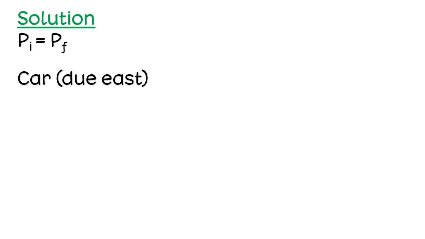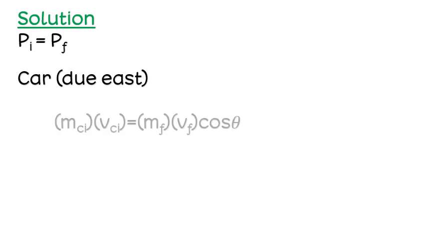So let's start with the car. The car is due east. Same formula. Mass times velocity initial must be equal to mass times velocity final. But here we have a cosine theta factor since it happened nga at an intersection. Why cosine? Because the car is due east. So x-axis. We will use cosine if the direction is east or west.